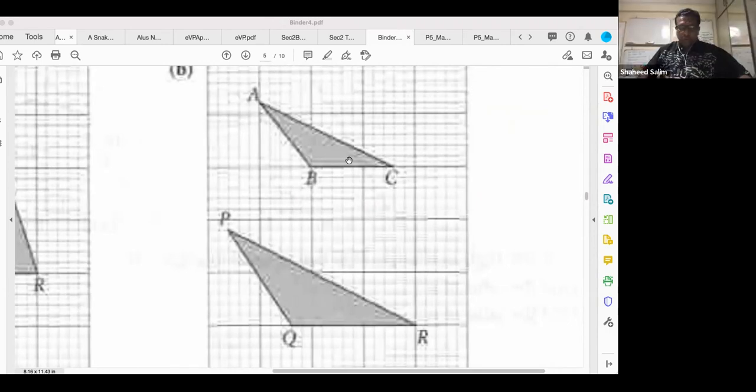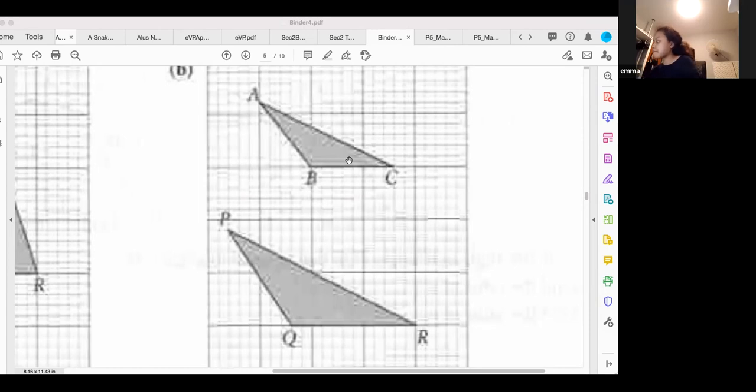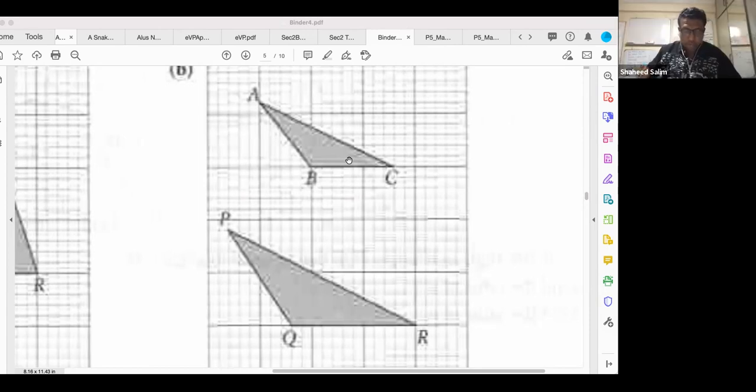You can try using your ruler, see does it work with your ruler. If not, we got to use another means. You may need to use a ratio. You can even use your angles if you can find.